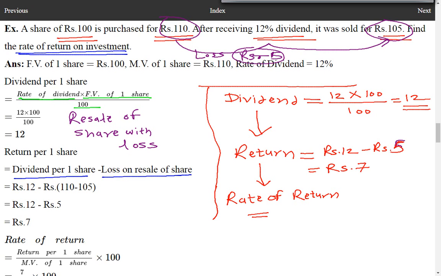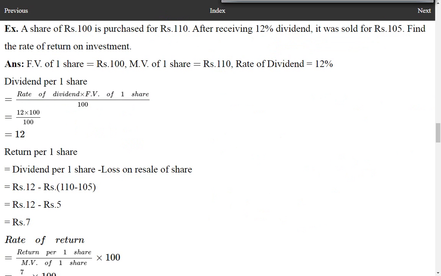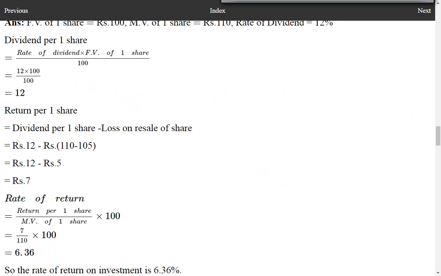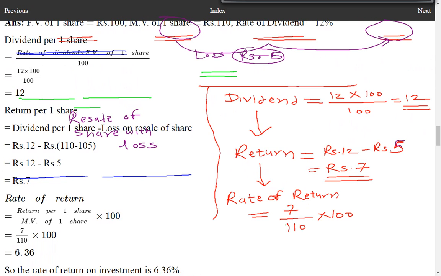Now rate of return is given by return per one share, which is rupees 7, upon market value of one share. Recall that market value is given as 110. So 7 upon 110 into 100, and after calculations you can see that this is equal to 6.36.